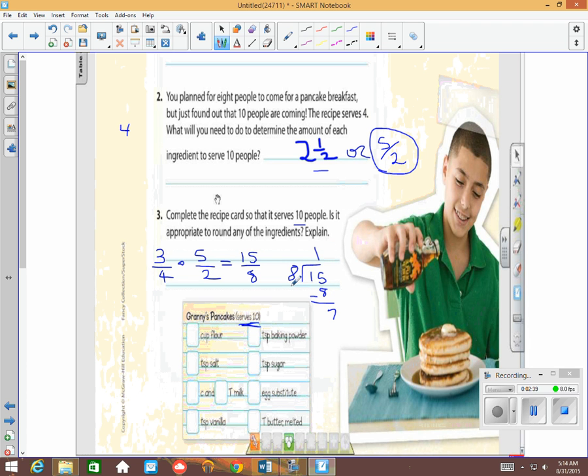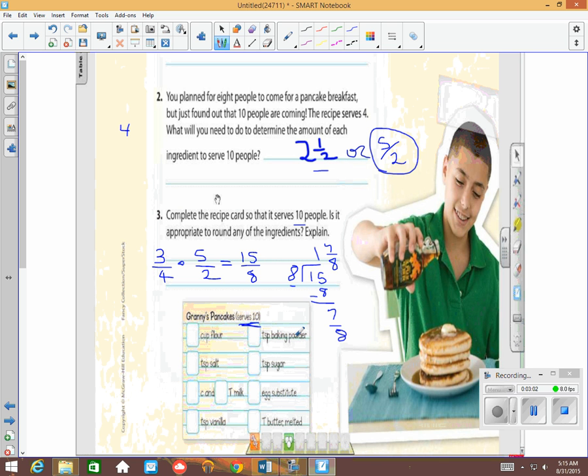What are you dividing by? 8, so that's your fractional part. Since you're dividing by 8, that goes in the bottom. So it will be 1 and 7/8 cup of flour.